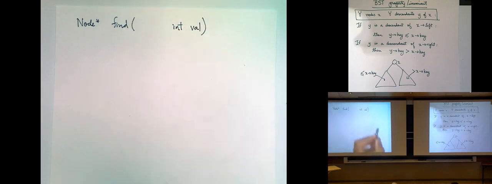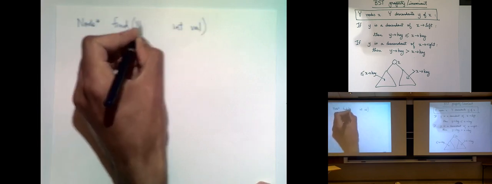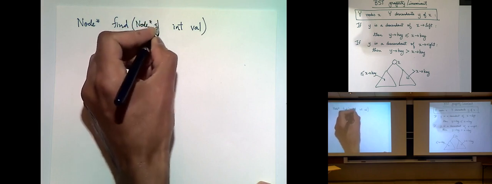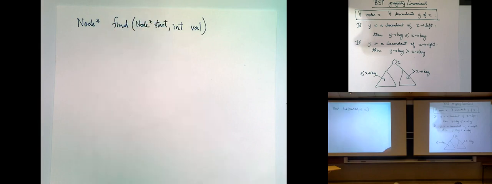Now, remember that when we did recursive find on a linked list, we had another argument, like the start node, and then we did recursion on that procedure. Similarly, for binary search trees, we'll have another start node. Does that make sense?